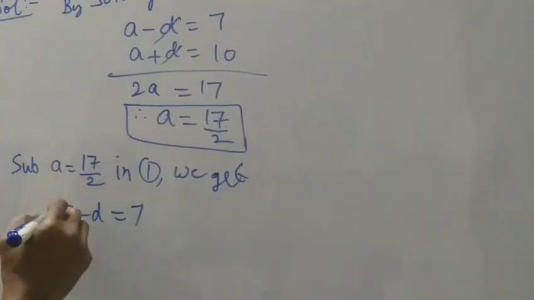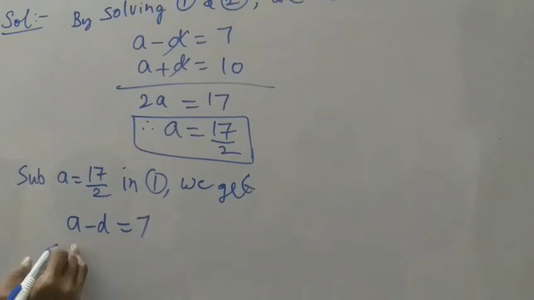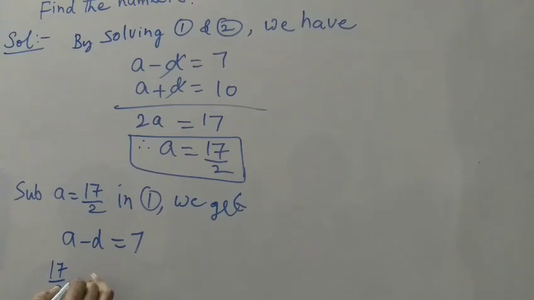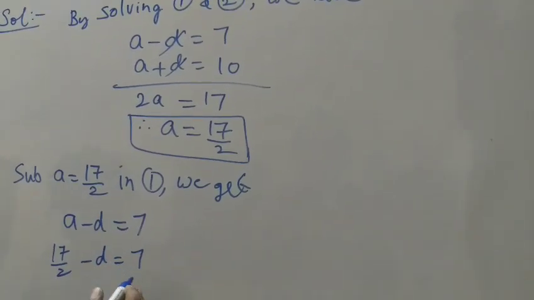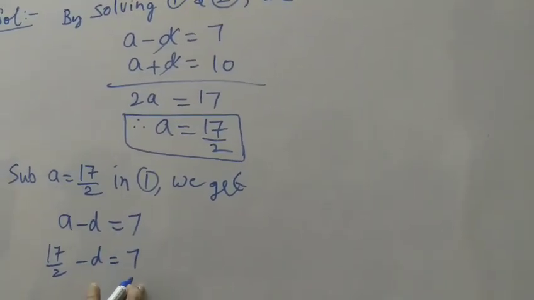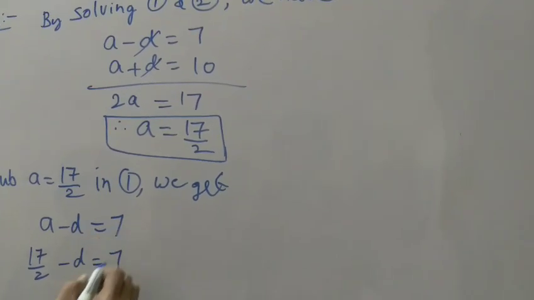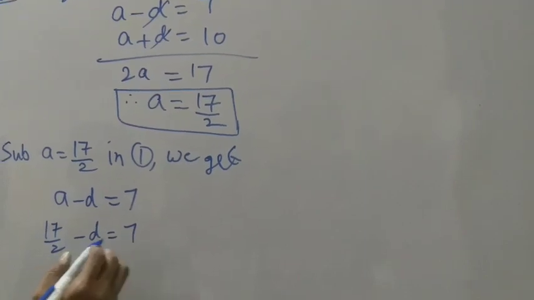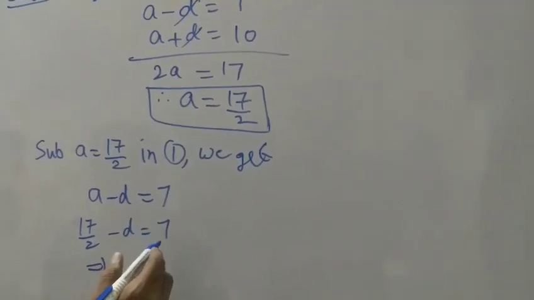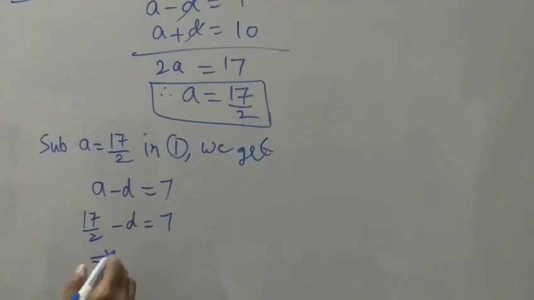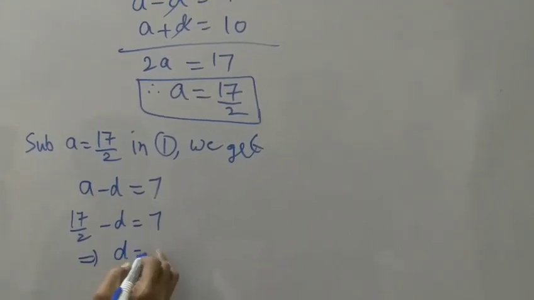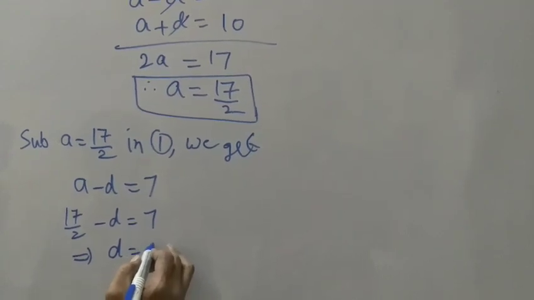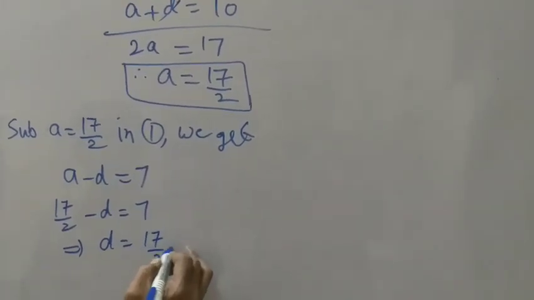The a value is here, I am substituting 17 by 2, minus d is equal to 7. This implies, on transposing minus d to the right side and on transposing plus 7 to the left side, it becomes d is equal to 17 by 2 minus 7.